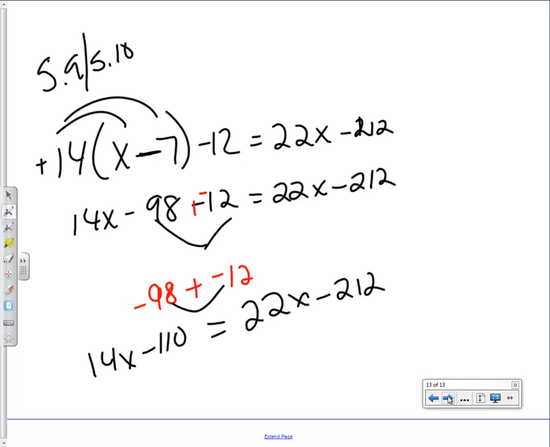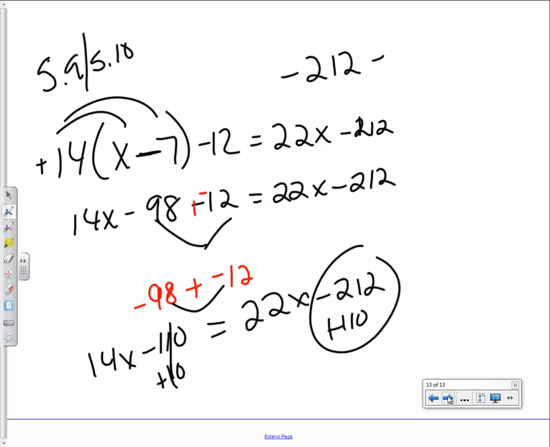Okay. Now my goal is to put the numbers on one side, the letters on the other side. So I'm going to do opposite of what I see here on both sides. Okay, so this is the problem I have. I have negative 212 plus a 110. It's an addition problem. Signs are different, so I'm going to subtract and take the sign of the bigger number.